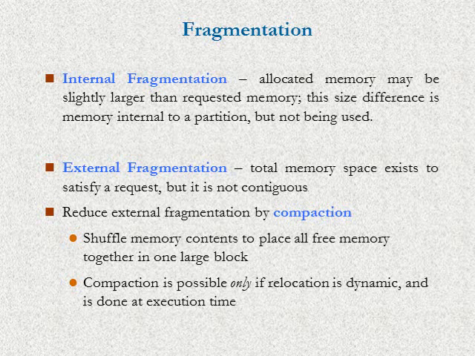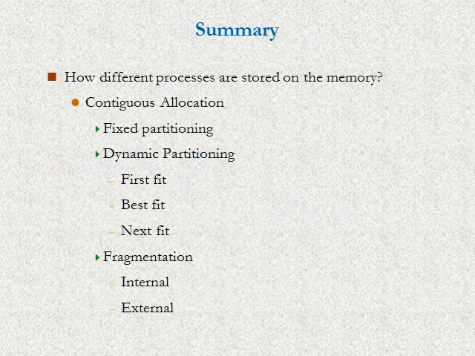So this compaction is possible in dynamic partitioning, and it is executed once the system is running. So internal fragmentation is specific to fixed partitioning, while external fragmentation refers to the wastage of space in dynamic partitioning.